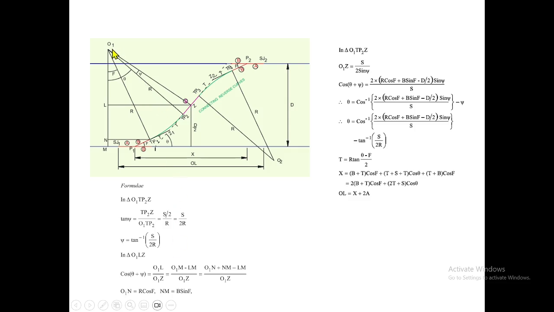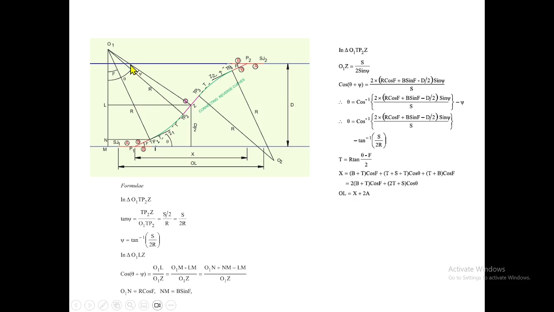Now we make this triangle O1 L Z. This is our included angle as far as this vertex O1 is concerned. And we make some equation for cos theta here. So the total angle here, because of psi, when we keep this as theta, will be theta plus psi.